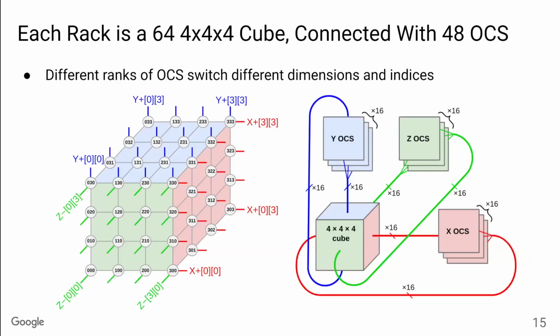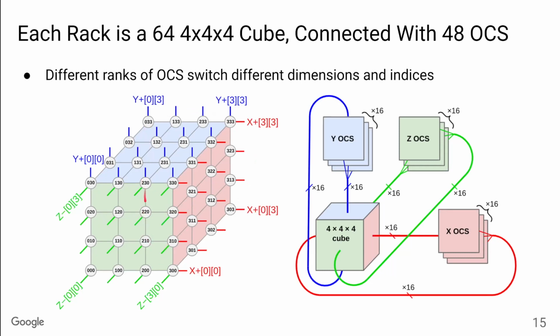This is zooming into the 3D torus. The organization of the interconnect is based on a building block, which is a 64 chip 4x4x4 cube connected with the 48 optical interconnect switches. This is an example of a 4x4x4 cube.